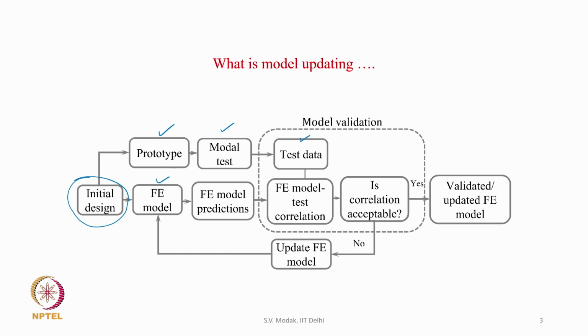We obtain the model parameters of the system, and those model parameters are also predicted based on the FE model, and then they are compared with the test data, which is referred to as FE model correlation.